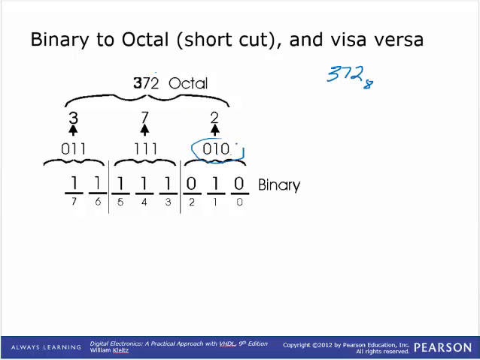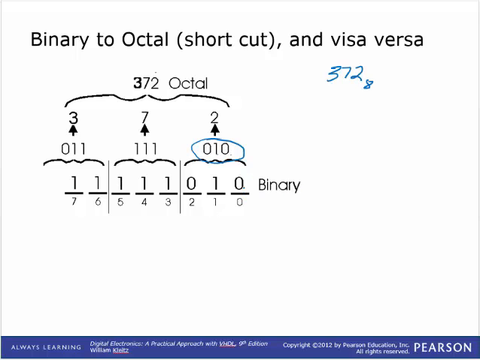And you always have to use three digits here. 7 in binary is 1, 1, 1. And 3 in binary is 0, 1, 1. And so I've now taken my number 372 in octal and converted it to binary, shown right here, just by writing each digit in terms of 3 bits directly.